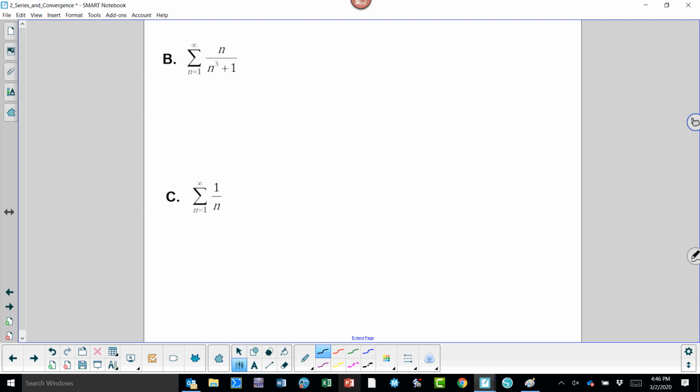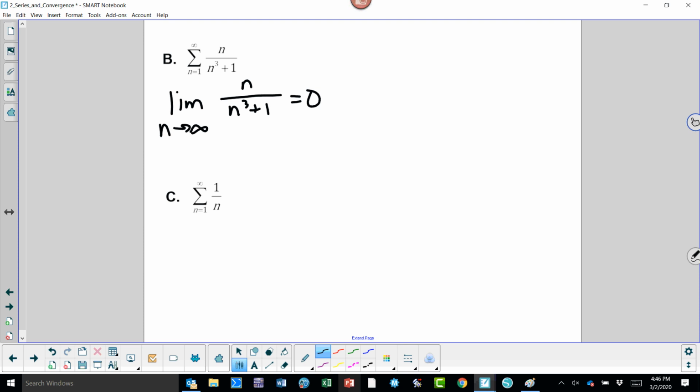So on this one, again, first thing we would do is the limit as n goes to infinity of n over n cubed plus 1. That limit is 0. Well, guess what? We don't know anything, because the limit being 0 is necessary for it to converge, but it doesn't mean that it converges.